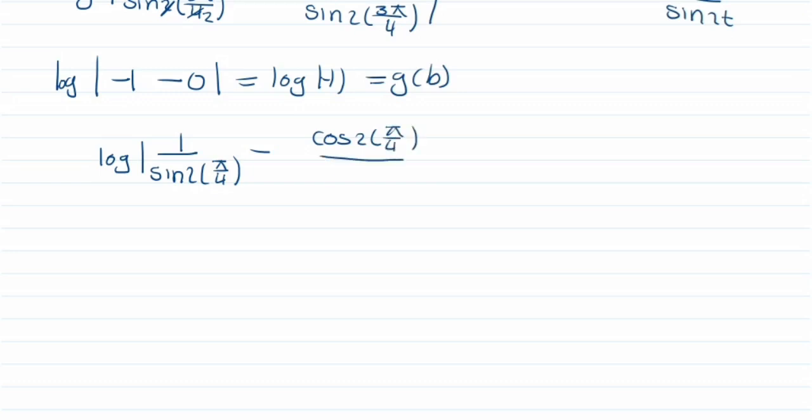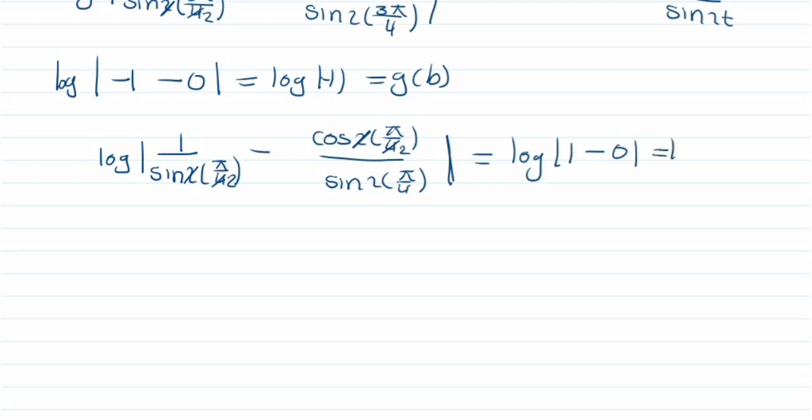This is giving us a 2 here and 2 here, it's 2. Sine pi over 2 is giving us a 1. Then 1 divided by 1, we are getting log of 1. Then cos, and 2 and 2 giving us pi over 2. So cos 90 or pi over 2 is a 0. So it will be minus 0. Meaning that our lower bound is giving us log of 1.